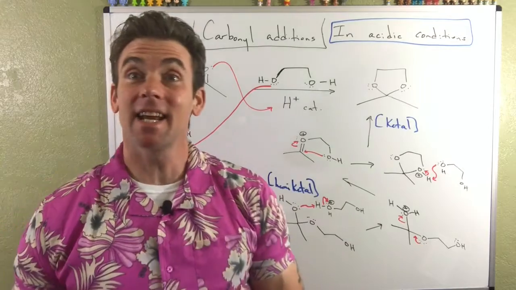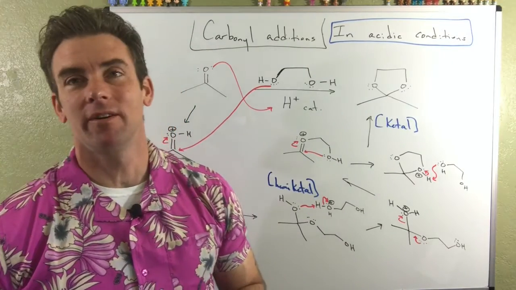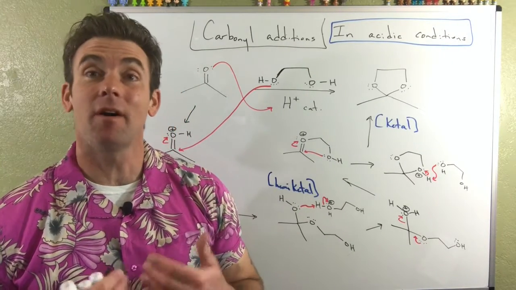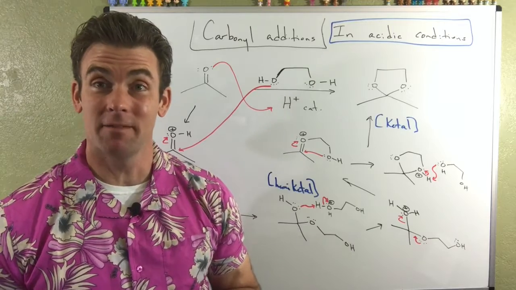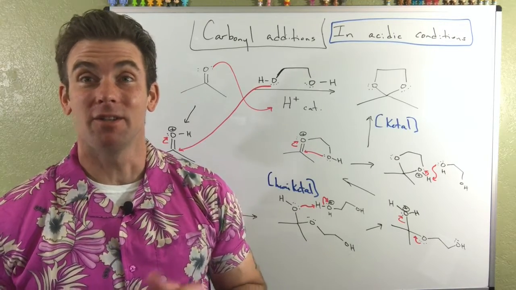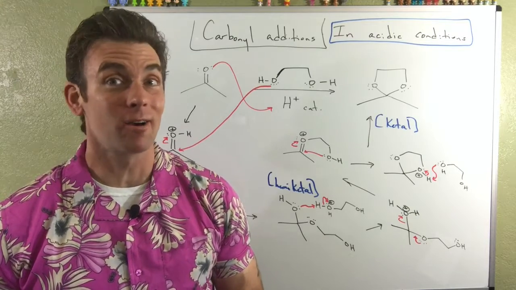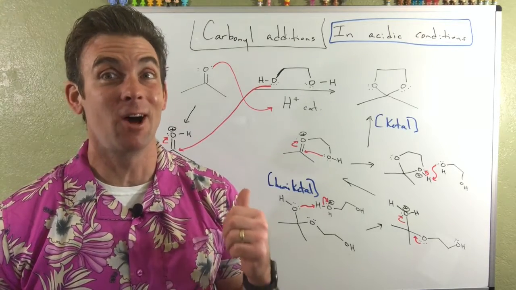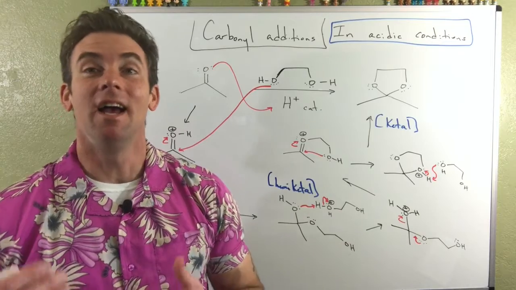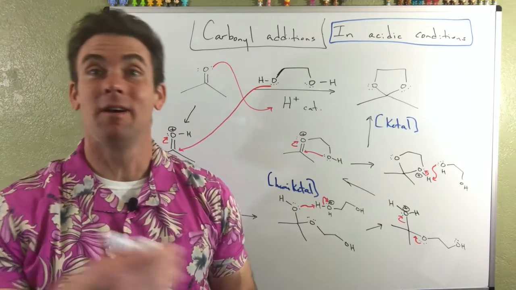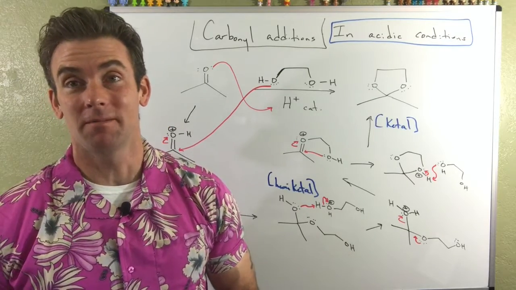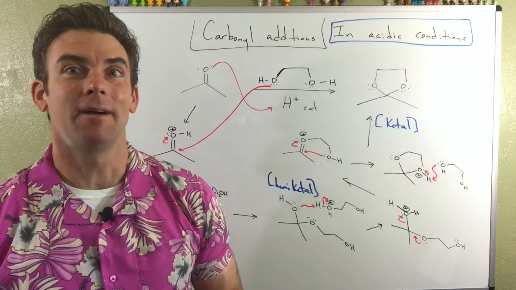And then in an acidic condition, one good way to know whether or not you're doing the mechanisms correctly is if all of your intermediates are either positive or neutrally charged, right? So in acidic, positive or neutrally charged, also much longer mechanisms in general, right? This is a lot longer than that Grignard reaction we saw. And then in basic, either negative or neutrally charged intermediates. So hopefully this will help your mechanisms.